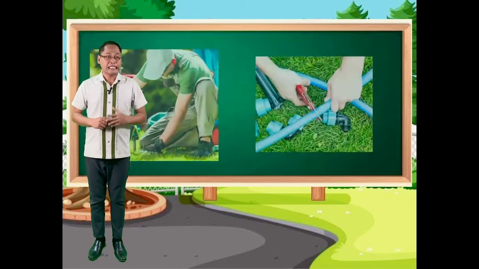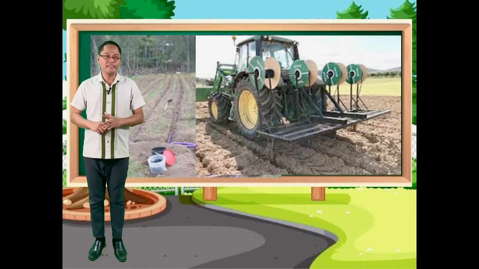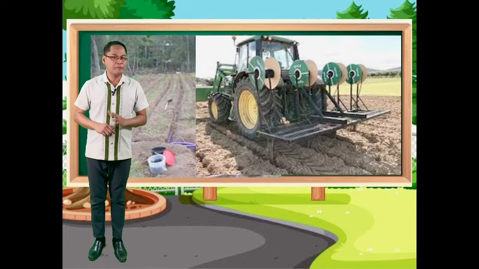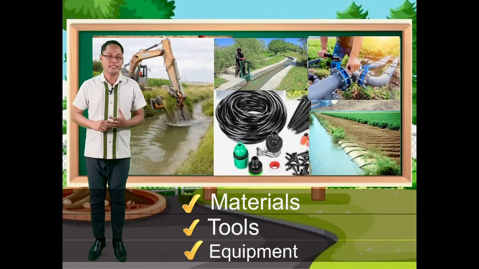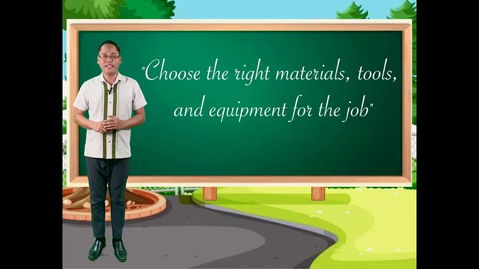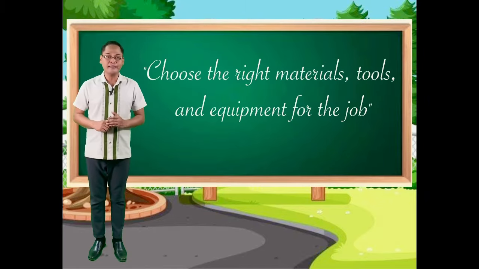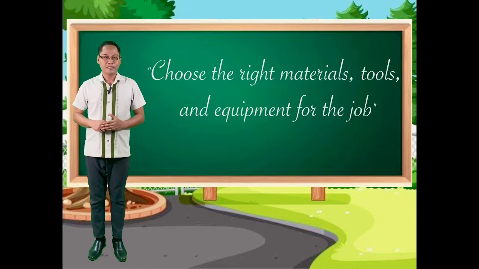Irrigation methods differ in various aspects, amongst which are the irrigation installation and maintenance works that require materials, tools, and equipment to make it done efficiently. No matter what irrigation it is, it is so important to choose the right materials, tools, and equipment for the job.